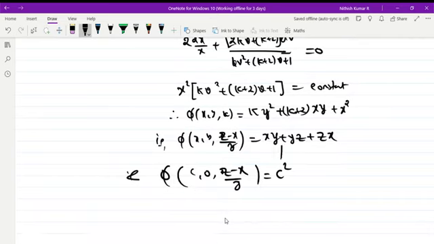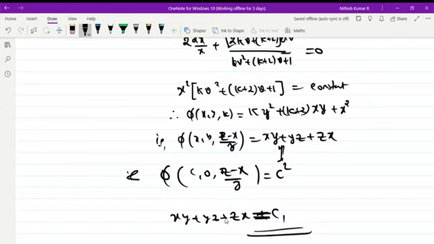By combining these two, we get xy + yz + zx = c1 z x, where c1 is just c^2 renamed, again a constant. This is the solution of the given differential equation.